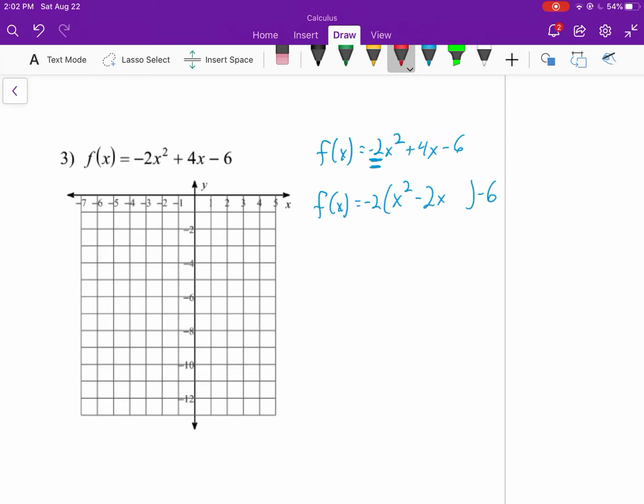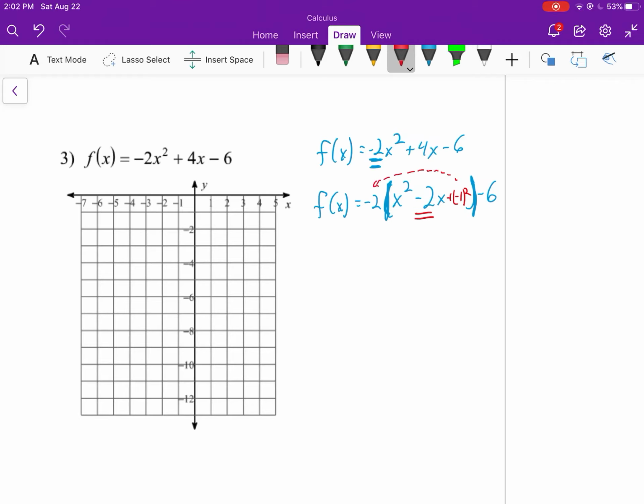Now what we do is we take half of this linear term, which is -1. We take that -1 and we add it squared inside these parentheses. When I say these parentheses, I mean these thicker ones that I'm doing right here. So we take half of -2, which is -1, and square it and add it in there. So we just added 1 in there, but actually, as you look outside here, this 1 is multiplied by -2.